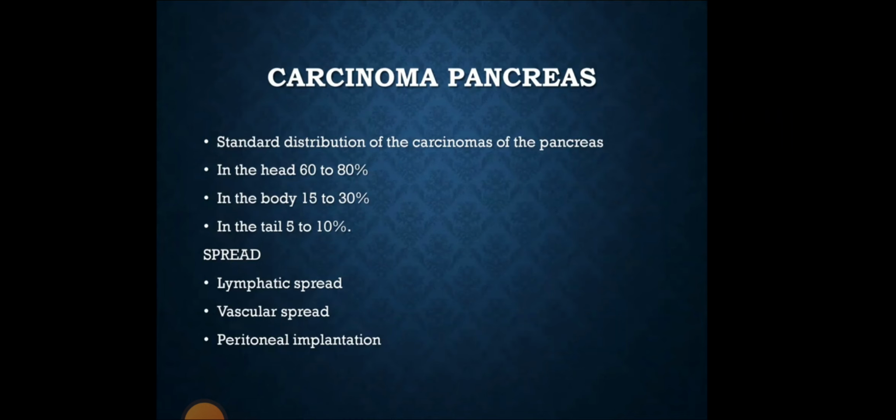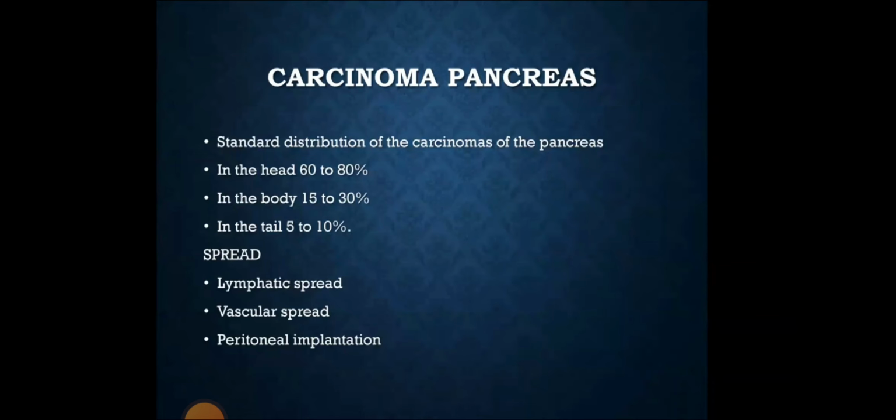The primary lesion will be palpable. In such carcinoma, jaundice may not be progressive, because there will be sloughing happening. Because of that sloughing, the jaundice will not be that prominent in these conditions. That is about the carcinoma of the ampulla of Vater.